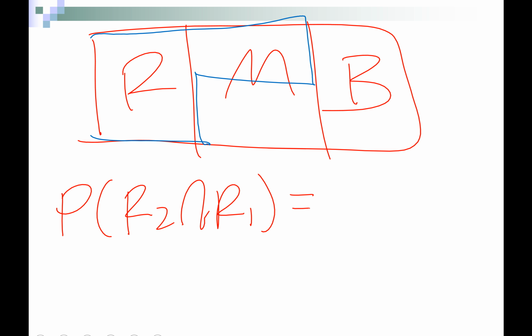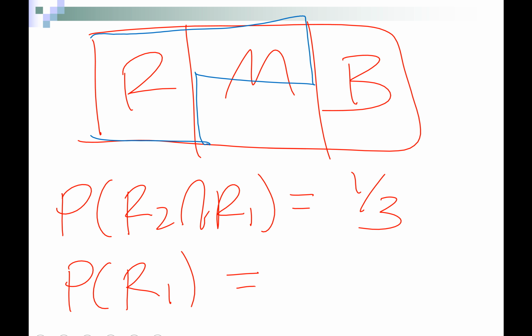Well, that's just the probability of drawing the red card. And what's the probability of drawing the red card? If I randomly choose between these three, it's a third. Now, what's the probability of the first side that I look at being red? That's a half. Why is that a half?